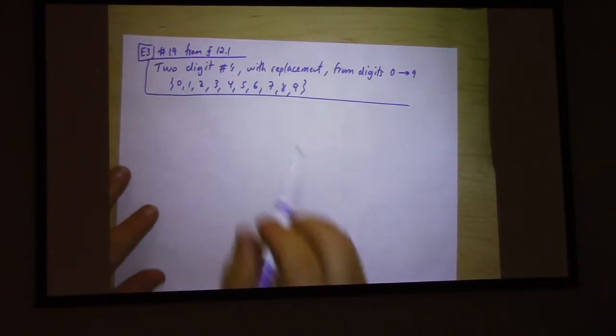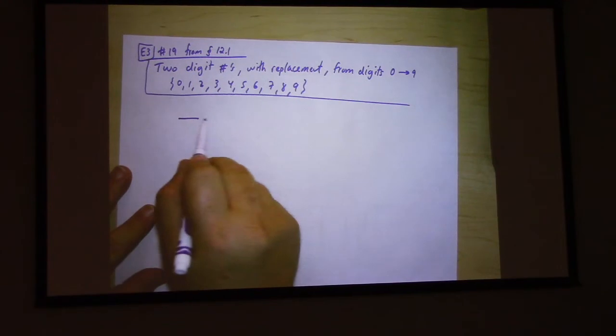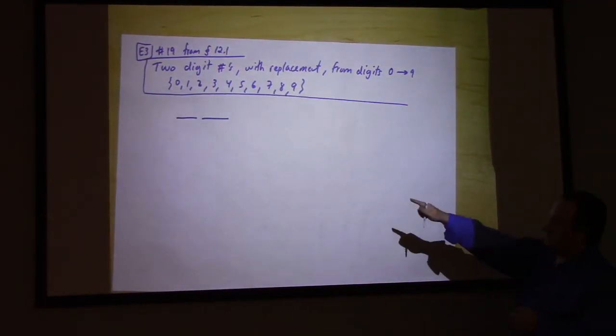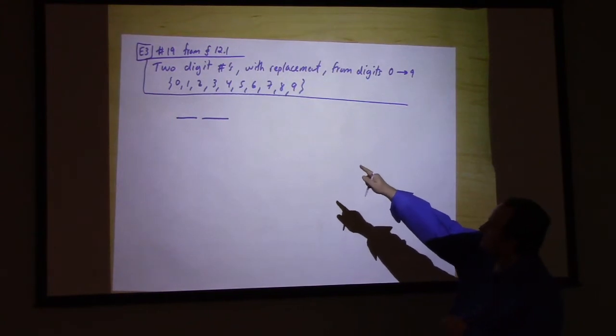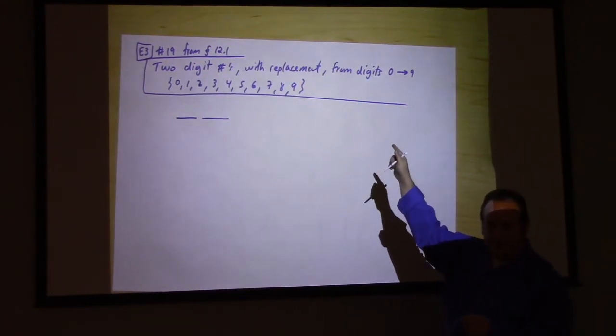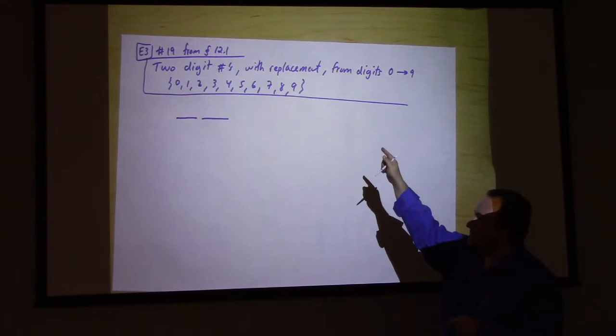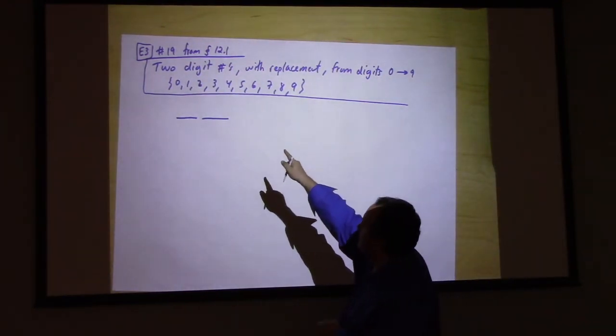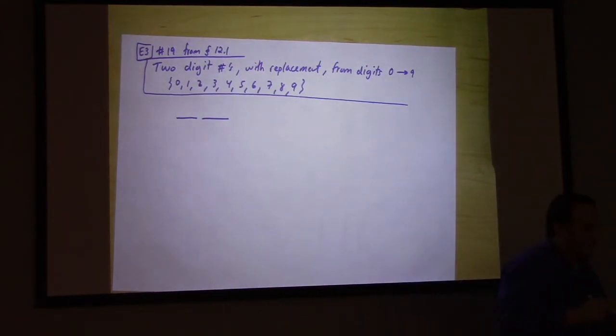We're looking at a 2-digit number, so I make myself 2 slots. I need to fill in those slots with 2 numbers, right? The first slot, I pick a number from the sample space, right? How many choices are there? 9? Ooh. 1, 2, 3, there are 10. There are 10, because we include 0, right?